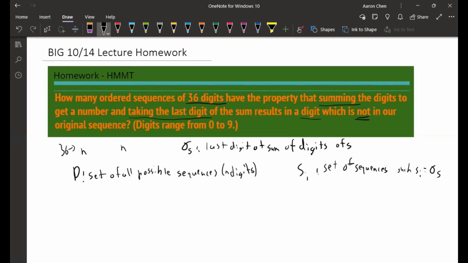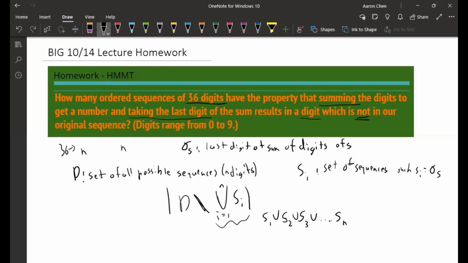And so what we want to find is basically the size of the set of all possible sequences minus, and this is minus in set notation, the union. This union notation means S1 union S2 union S3, and so on to Sn.